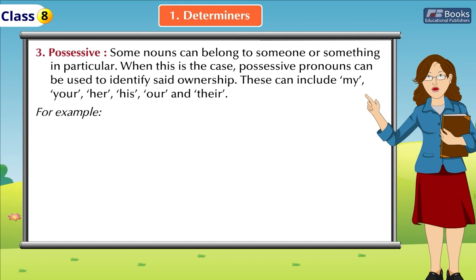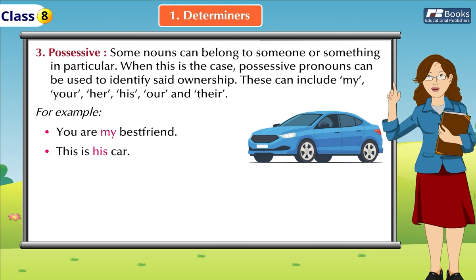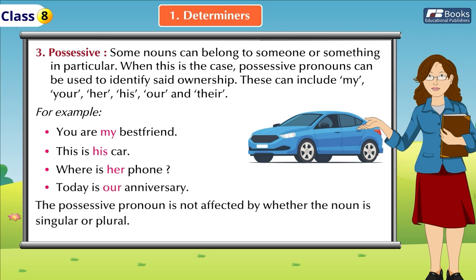For example, you are my best friend. This is his car. Where is her phone? Today is our anniversary. The possessive pronoun is not affected by whether the noun is singular or plural.